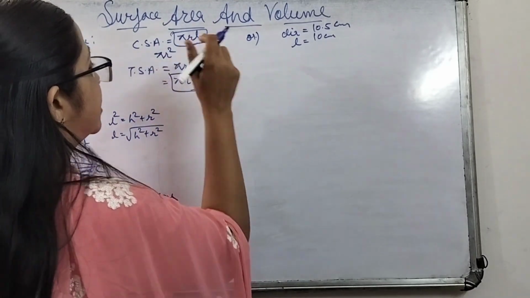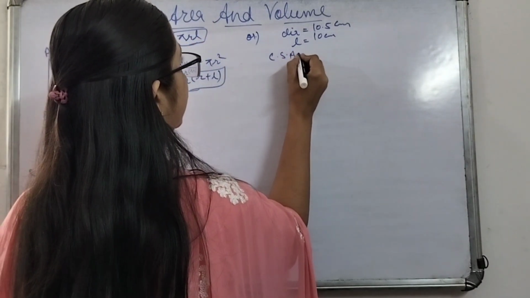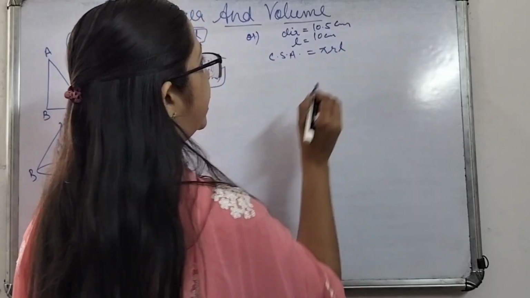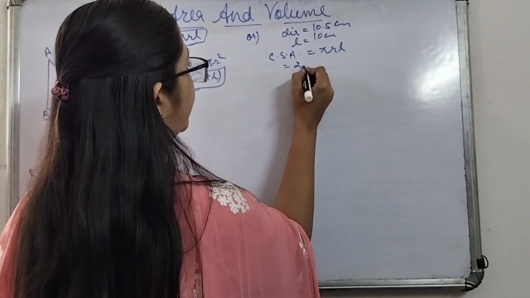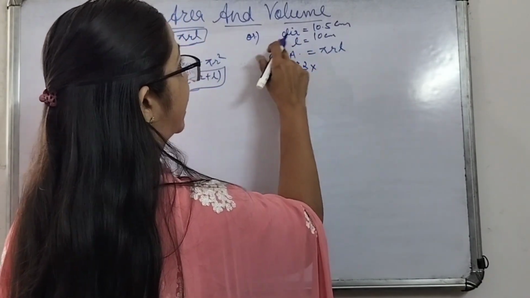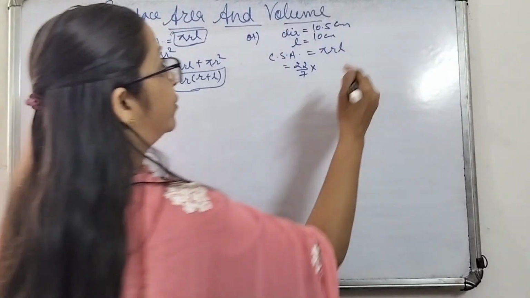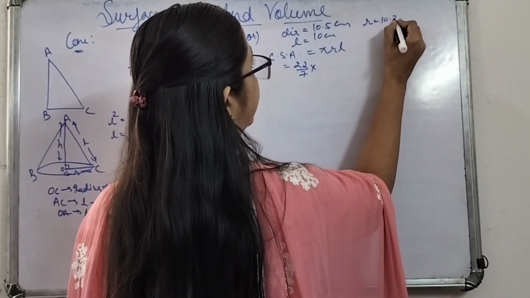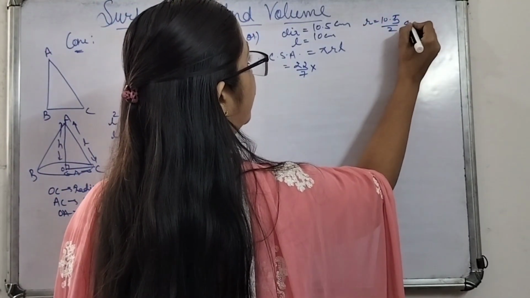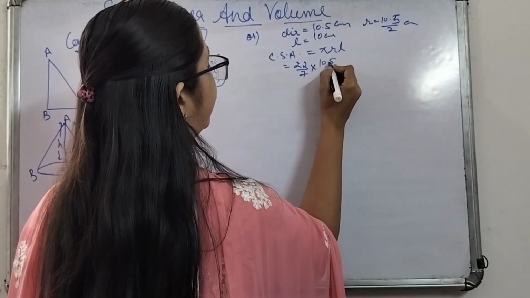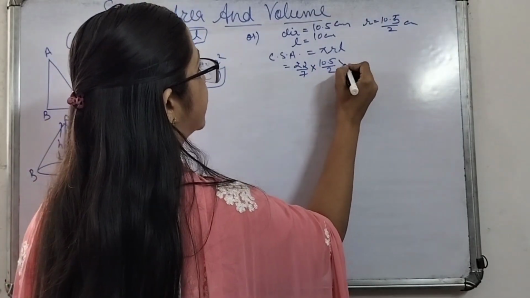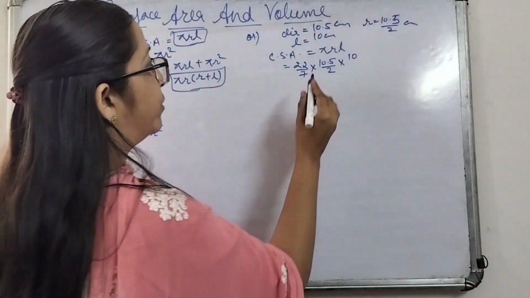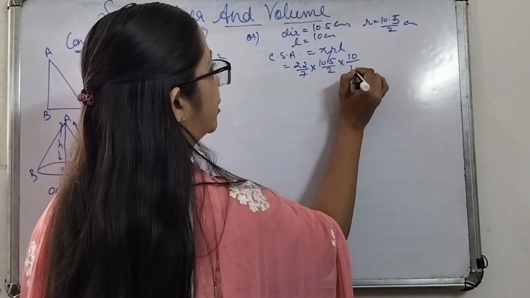We know that the curved surface area of a cone is given by pi r L. Value of pi is 22/7. Diameter is given to us as 10.5, so radius will be diameter divided by 2. So it will be 10.5 divided by 2, and L is given to us as 10. If we remove this decimal, 10 will come in the denominator.